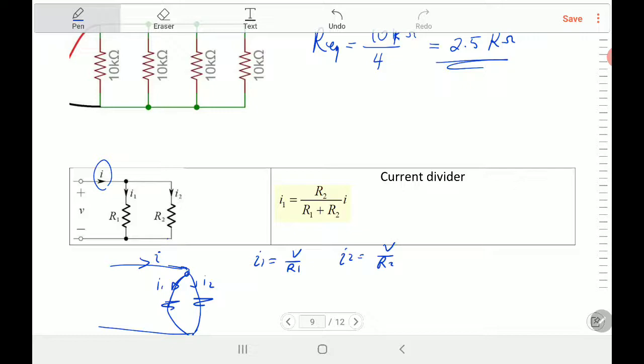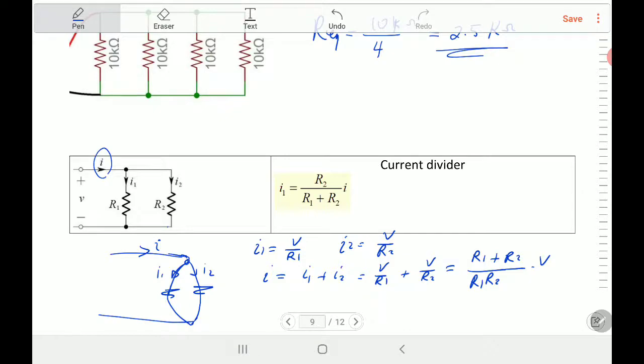According to Kirchhoff's current law, the input will equal the sum of the outputs. So I total is equal to I1 plus I2. What's I1? V over R1, and I2 is equal to V over R2. So if you have a common denominator, it will be R1 R2, right? And you have here R1 plus R2 multiplied by V. That's I.